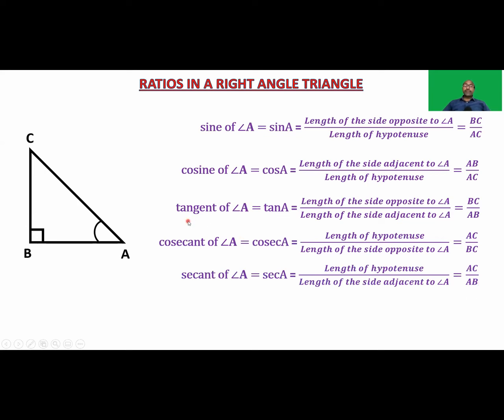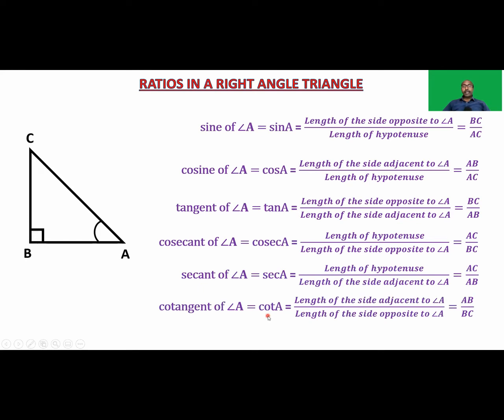And similarly, the multiplicative inverse of tan A is denoted by cotangent of A, cot A. Cot A is the multiplicative inverse of tan A, that is the length of the side adjacent to angle A by the length of the side opposite to angle A, that is AB by BC.